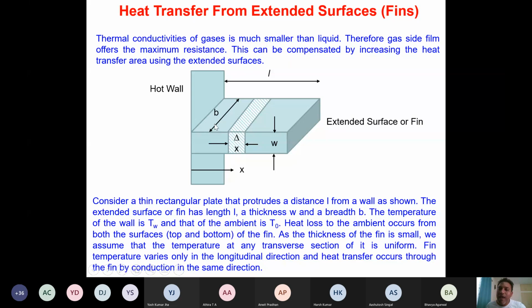But when I have the extended area, my area of heat transfer is much higher, because now it is 2 in the bracket B plus W, that is the perimeter, multiplied by L, that is going to be the area. So clearly that area is much higher compared to the available heat transfer area if we don't have the extended surface, isn't it?